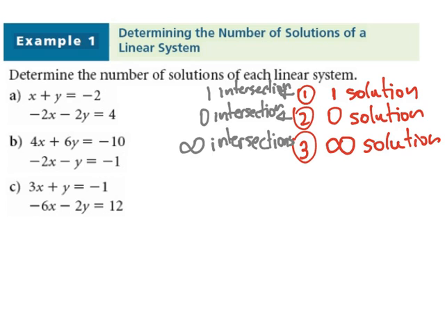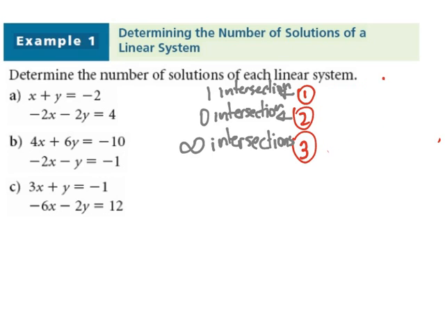So what we are looking for exactly is that we don't have to find these intersections in properties of systems of linear equations, but we're looking for two specific things: slope and y-intercept.